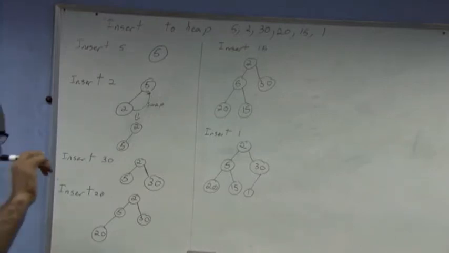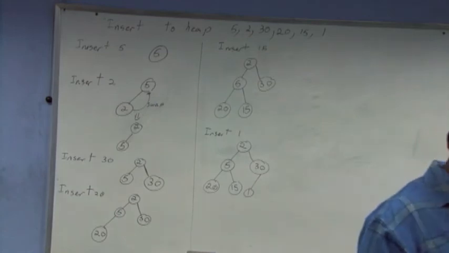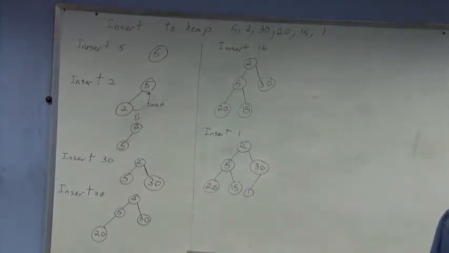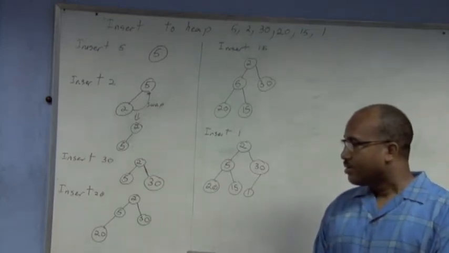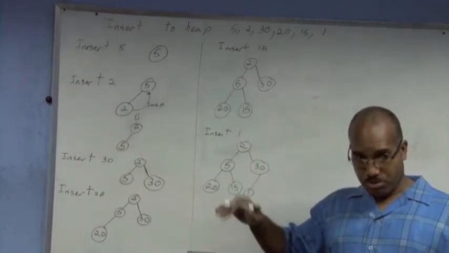Okay, slow down. Let's go back to right here. Remember that we have several different rules that we're working with for the different data structures, right? Now, remember the binary search tree. We've done the binary search tree. We're not doing the binary search tree. No, we're doing the binary heap.